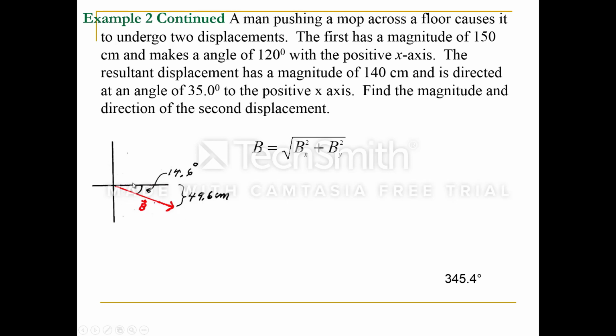So it's traveling southeast, and then there's my values from before, 14.6, 49.6, sorry, not a good picture. And you get 196.